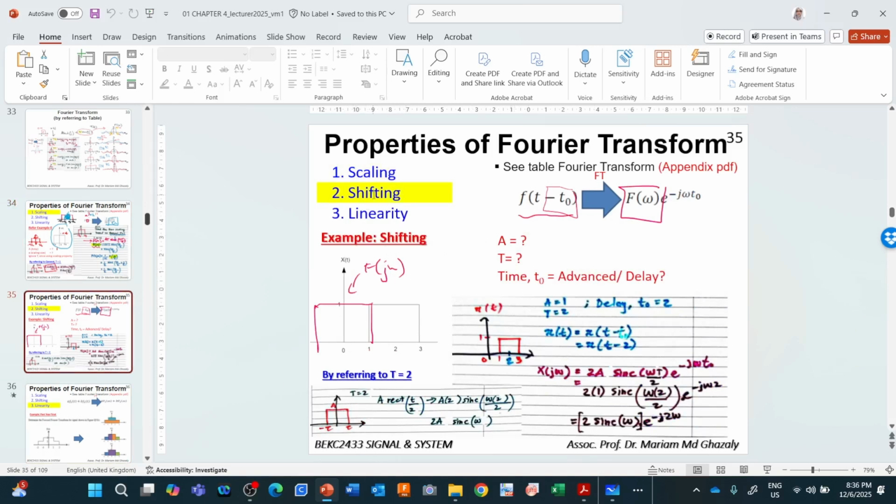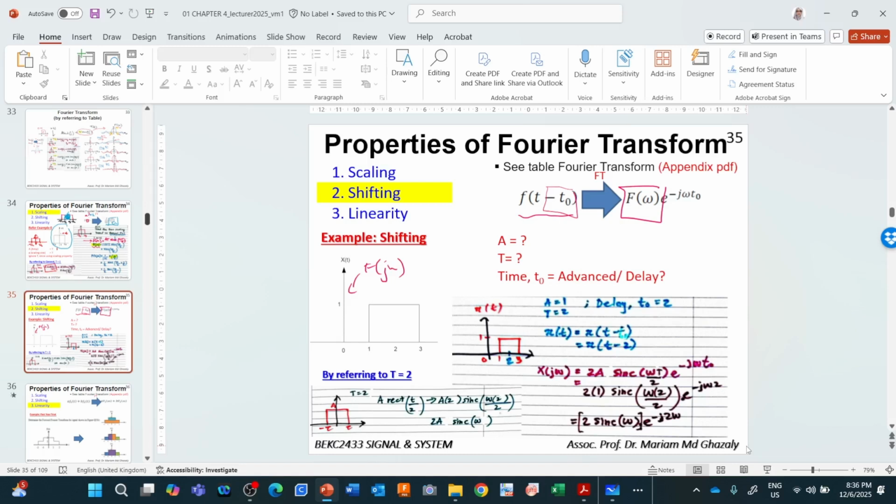Second one is shifting. So property for shifting. If you look at this, let me just remove this. So the question is this one. They ask you to find the signal in frequency domain, which is given x(t), find in frequency domain.